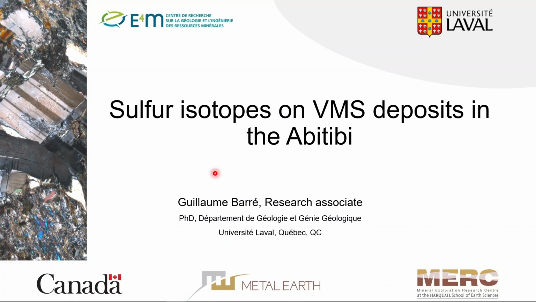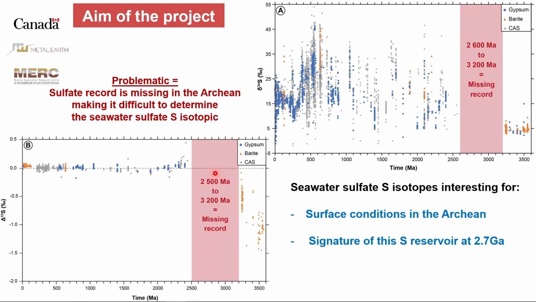The aim of the project: we started with a simple fact, that seawater sulfate is a huge sulfur reservoir that can interact with a lot of our deposits. But in the Archean, there is a problem.